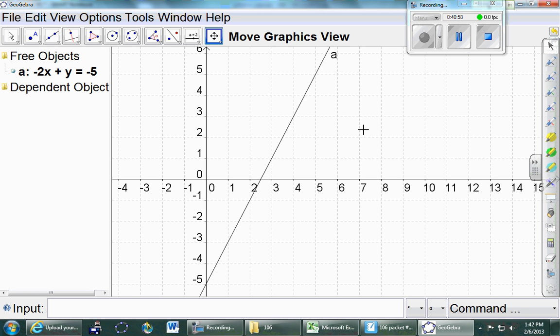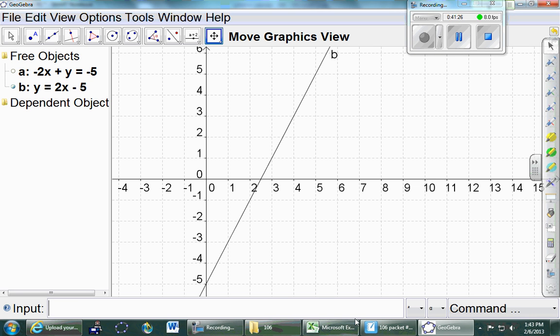Now I'm about to hide that line. So let me type in this other one here. Y equals, what was it? 2x minus 5. Now before I hit enter, I'm going to hide this line, because if I hit enter and they're both the same line, you're not going to see anything, because the one is going to land perfectly on the other. So I'm going to first hide that line by hitting that button, and then I'm going to come down here and hit enter and bring the other line, which is exactly the same as the first line, right?